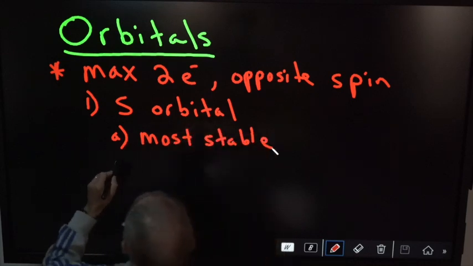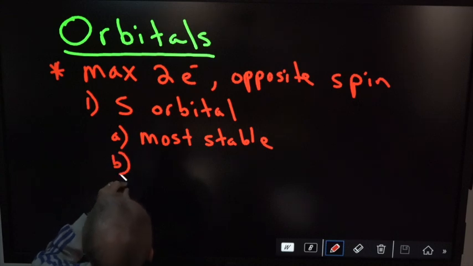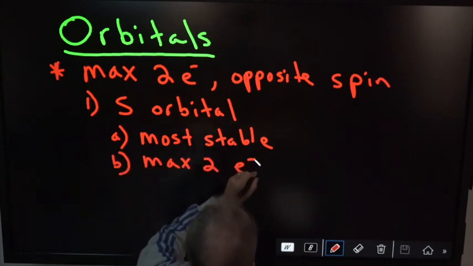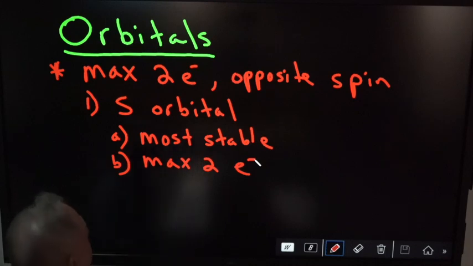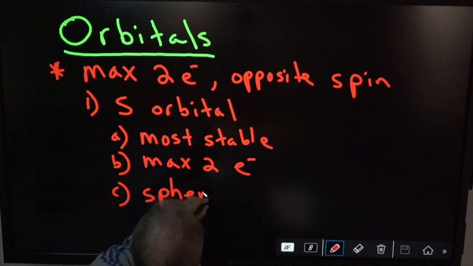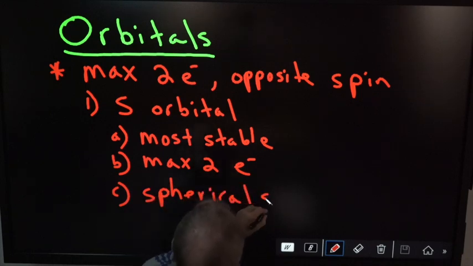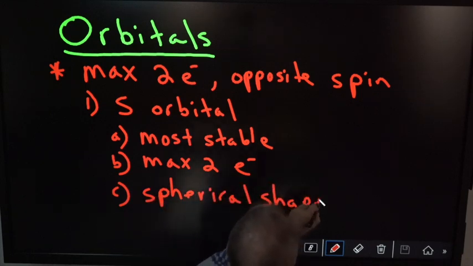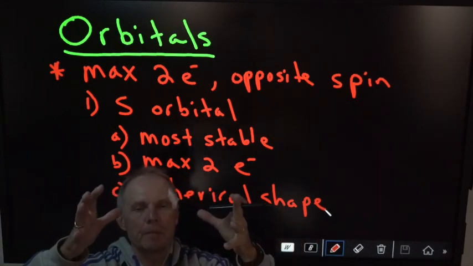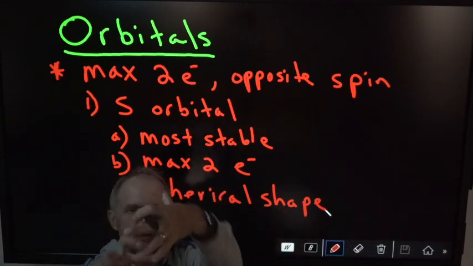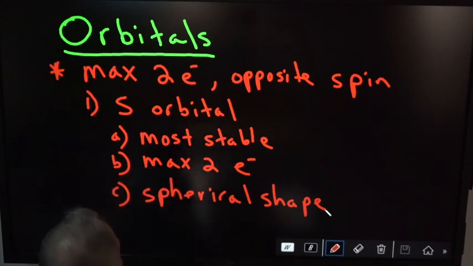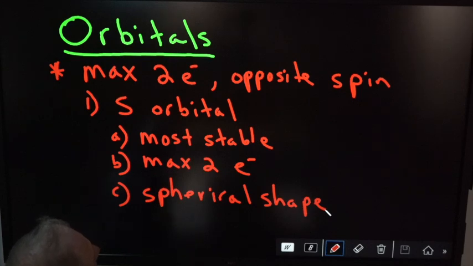And we might as well put down: can only hold 2 electrons. It has a spherical shape. Think about a beach ball, think about the skin of the beach ball, and that's where the electrons would be, spherical. So they're moving in a sphere, spherical shape, all right?